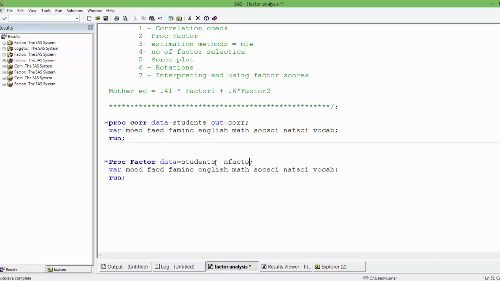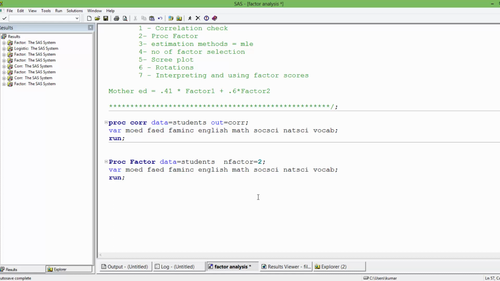We can use the nfactor criteria. Okay, so when we use the nfactor option, we can mention there how many factors we want in the result. If we want to enforce it, we can; if we don't want to enforce it, we just want to explore it, we can just let the algorithm find it out for us.